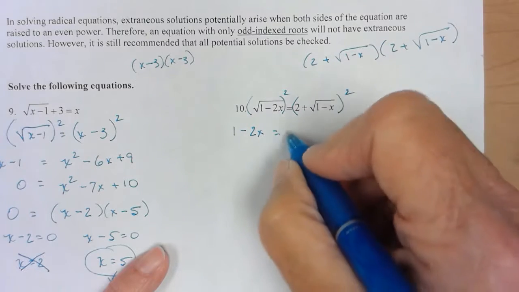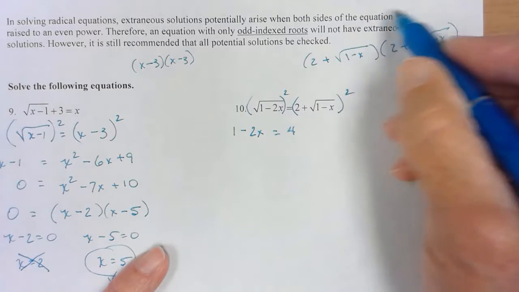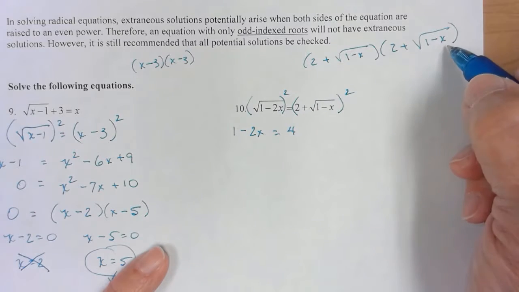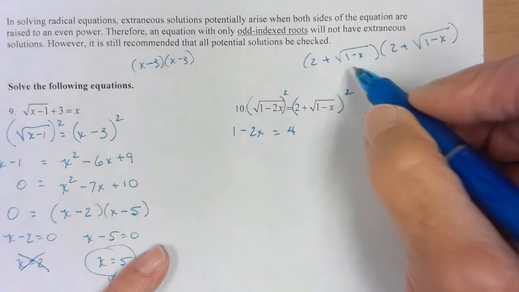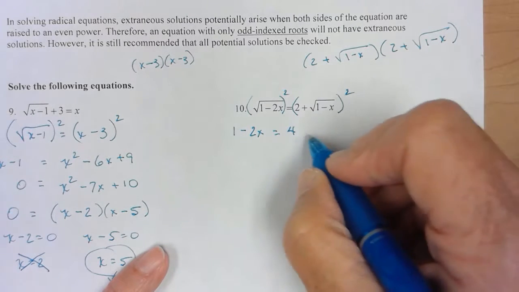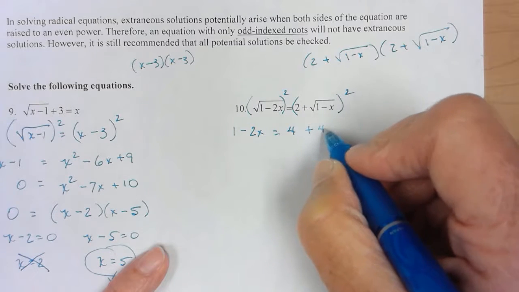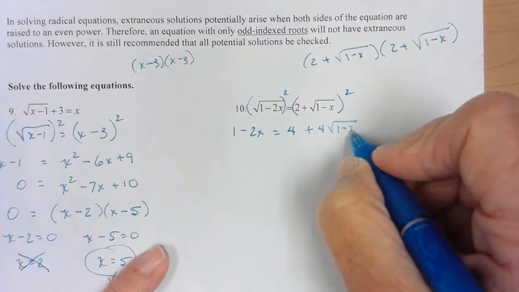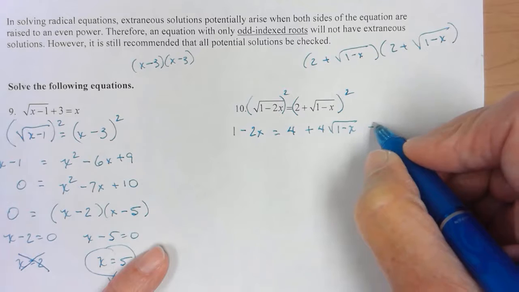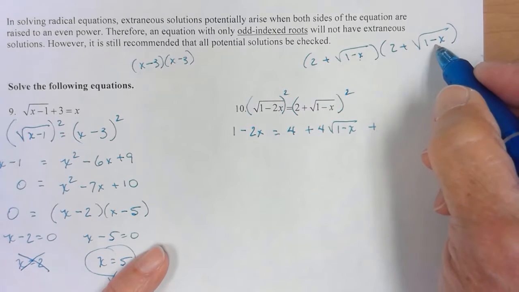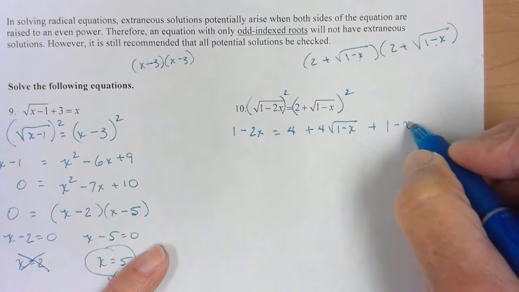Two times 2 would give me 4. The outside is a 2, square root of 1 minus x. The inside's a 2, square root of 1 minus x. So that would give me a 4 square root 1 minus x. Plus that thing squared, which is just itself.